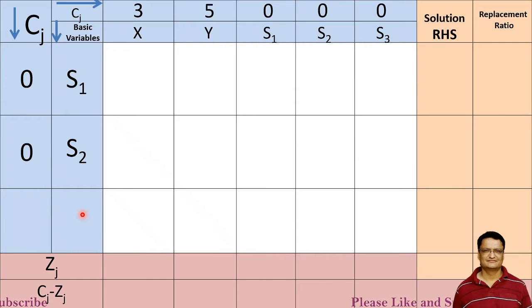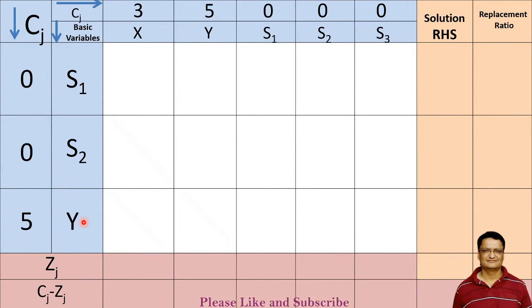Now we are at iteration number 1 and you have to prepare the same table for this iteration. The only change will be that in place of S3 there will now be y, because y is the entering variable and S3 was the departing variable, and the coefficient of y is 5, so I am writing 5 over here. Now we have to fill all the elements in this table based on the values and some formulas from the previous table.